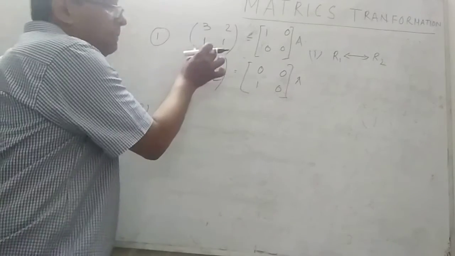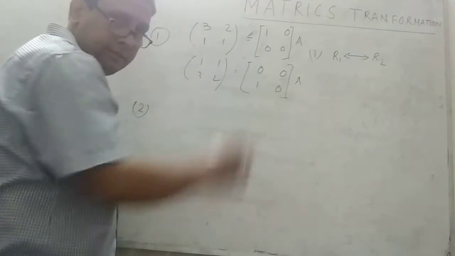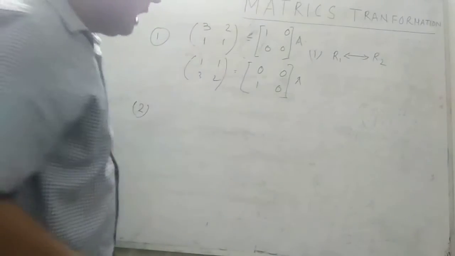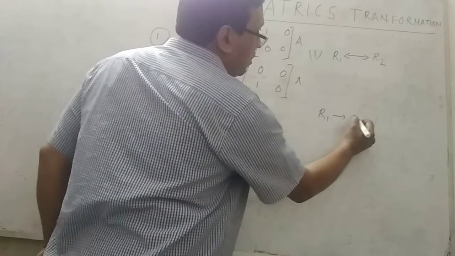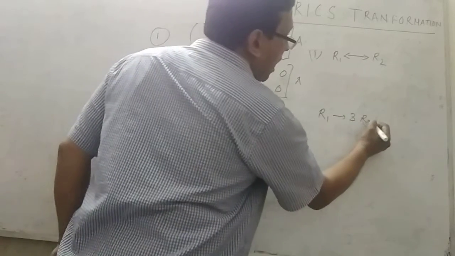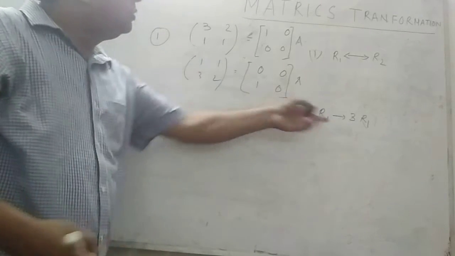And whatever I do in the left hand side, the same thing I also have to do in the right hand side. So in R1, I can multiply in this way: R1 is equal to 3 into R1. So this R1 I will transform into 3R1.